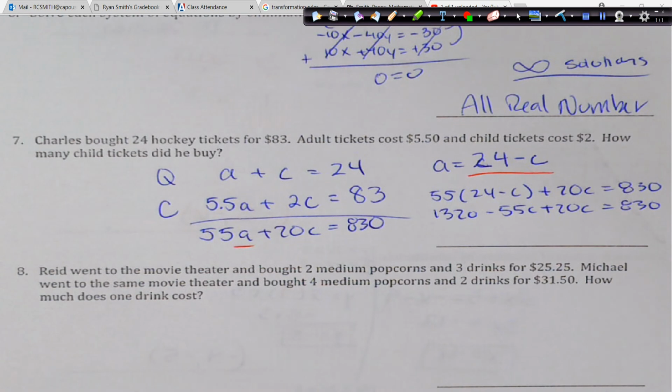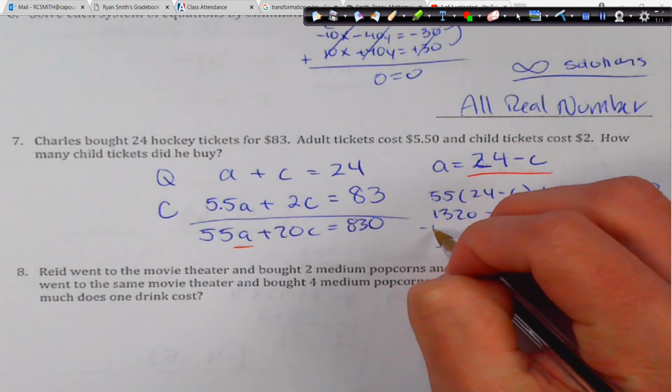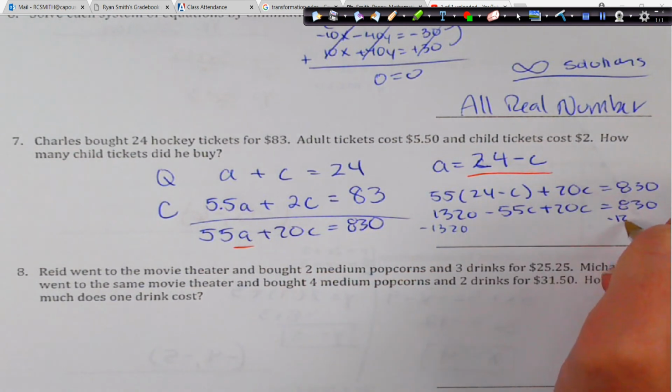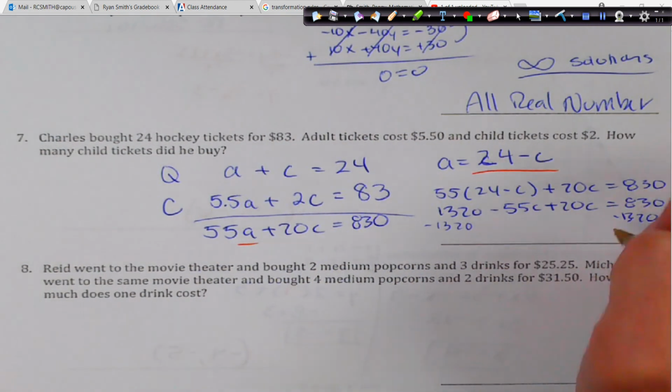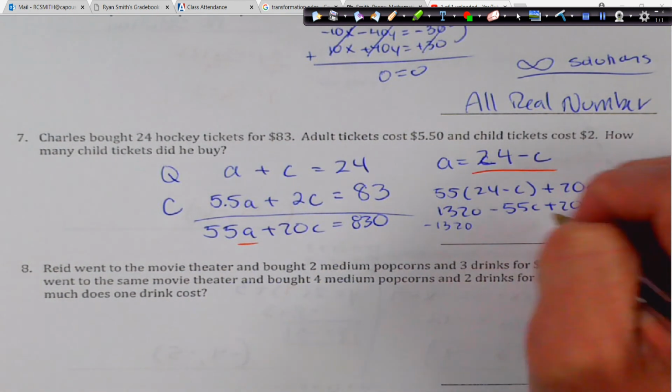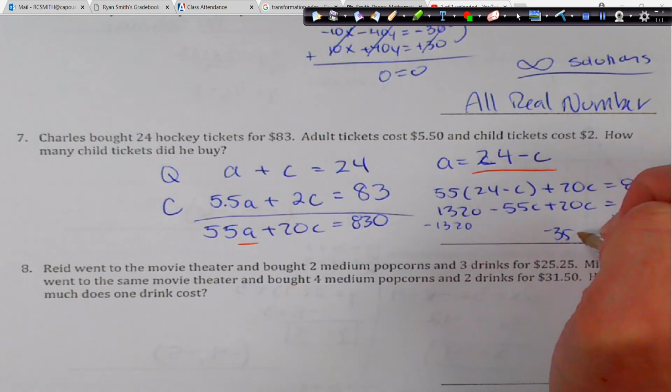Okay, we're going to obviously run out of room here, so I'm going to have to get some more paper. I'm going to subtract 1320, and we're going to be left with 490, okay? And then these are going to subtract, and that's going to give me negative 35C.